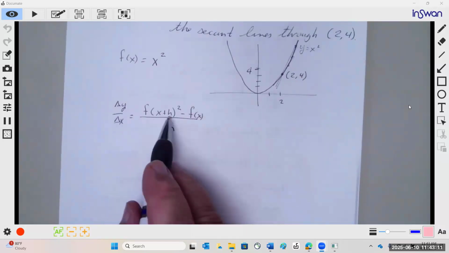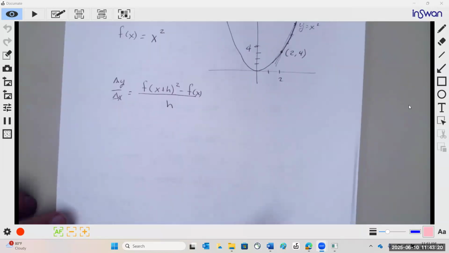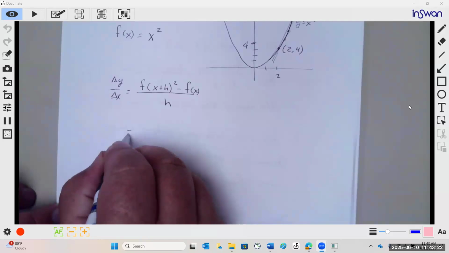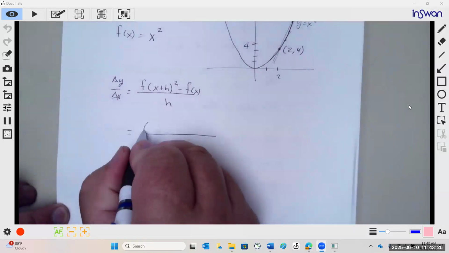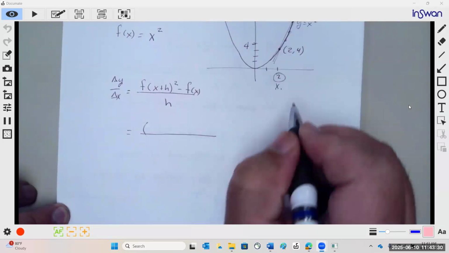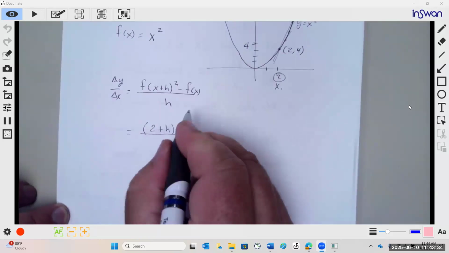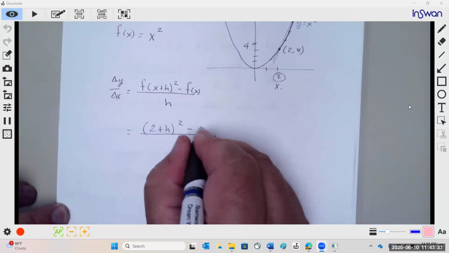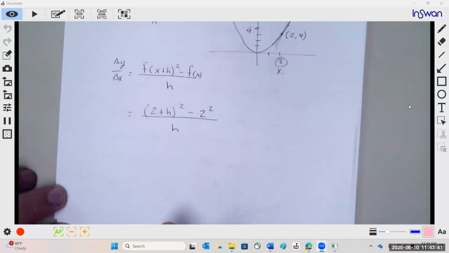Why is it f of x plus h squared? Because it's the function squared, right? So for our equation, since this is our x one, we have 2 plus h squared minus 2 squared over h.